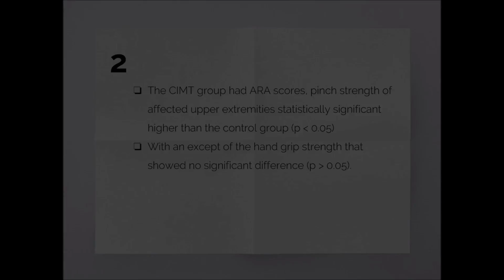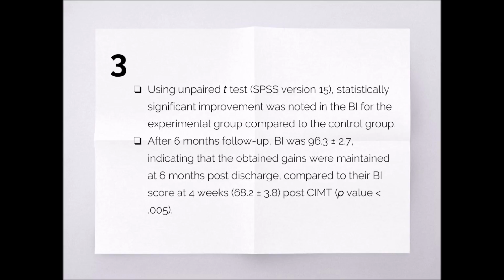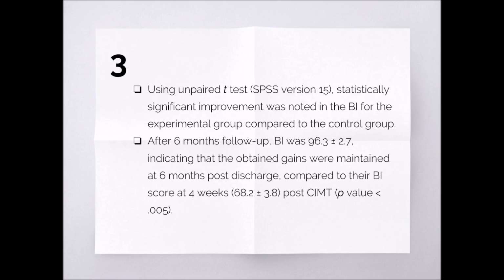Using unpaired t-test, statistically significant improvement was noted in the BI for the experimental group compared to the control group. After 6 months follow-up, BI was 96.3, indicating that the obtained gains were maintained at 6 months post-discharge compared to their BI scores at 4 weeks post-CIMT.